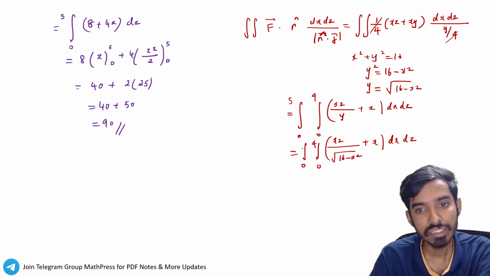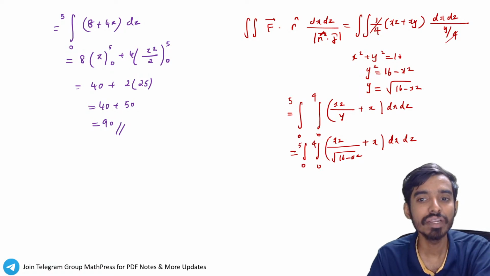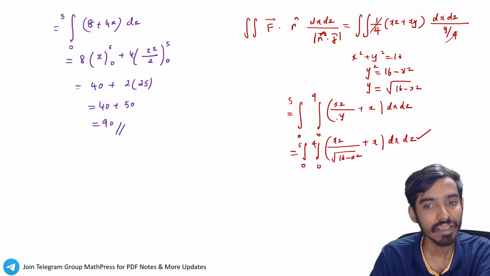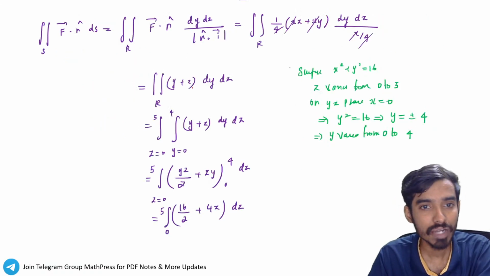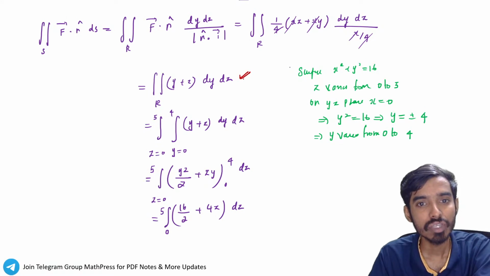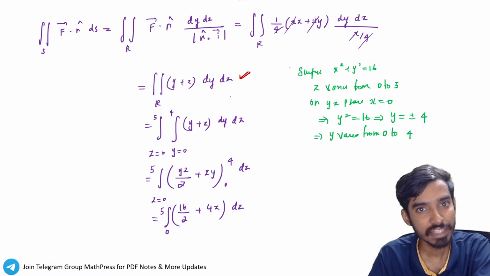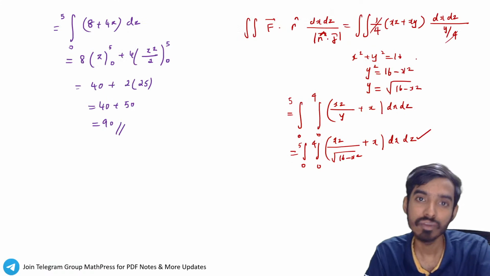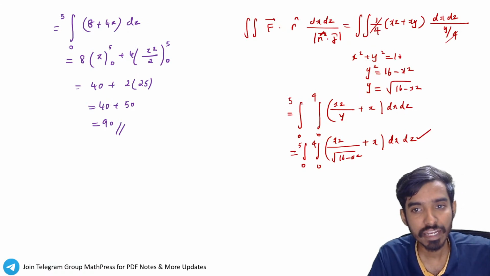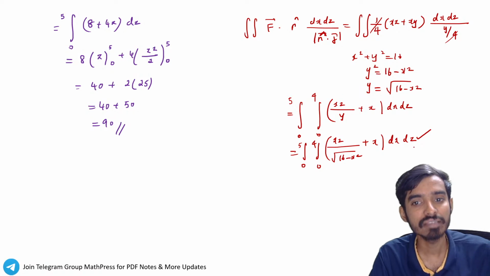Now see for yourself which one is easy to integrate. This integral we can integrate, but it will take so much time compared to the other. If you choose the projection on the yz plane, you get y plus z dy dz, which is very easy to integrate. If you choose this one, you need to integrate xz divided by root of 16 minus x square plus x, dx dz.